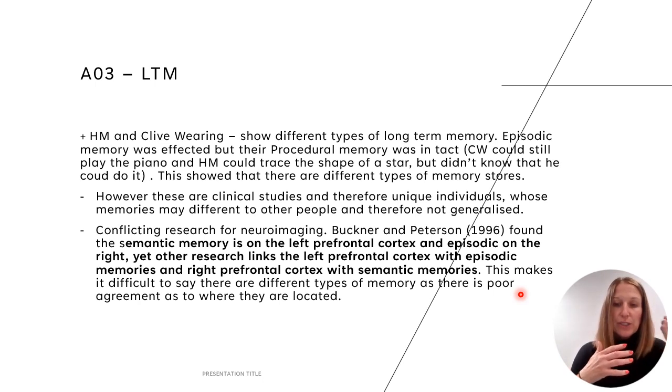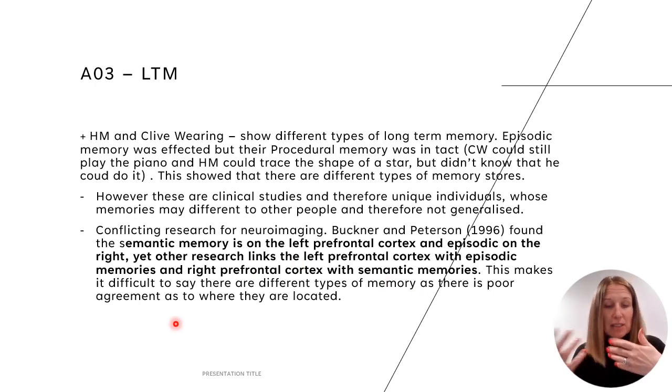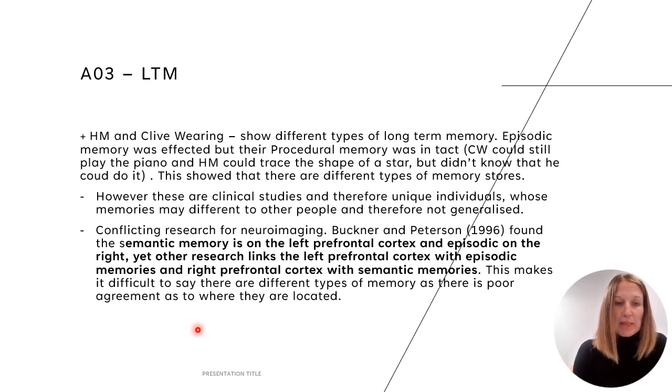So some research is showing that the left is for semantic, and other research is saying the left is for episodic, and the same with the right. So the research is not consistent. This makes it difficult to say where the different types of memories are. There's poor agreement as to where they are located, which can affect psychology as a science, something for the A-level students to consider.